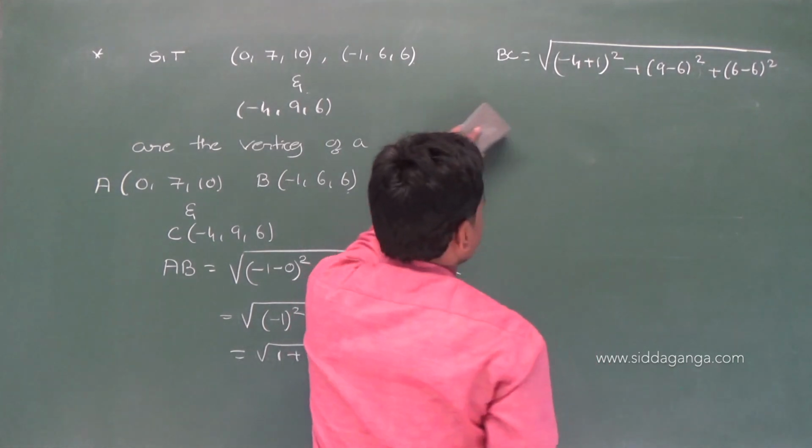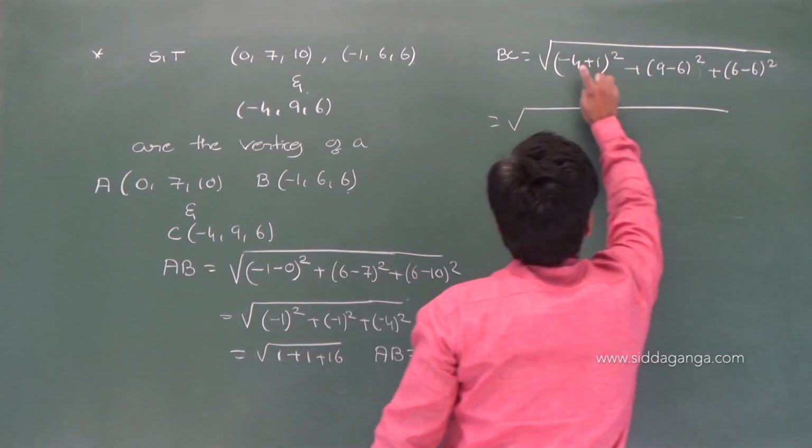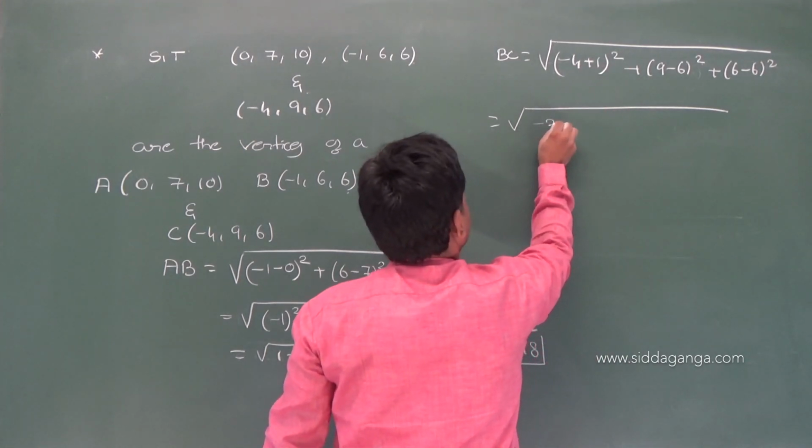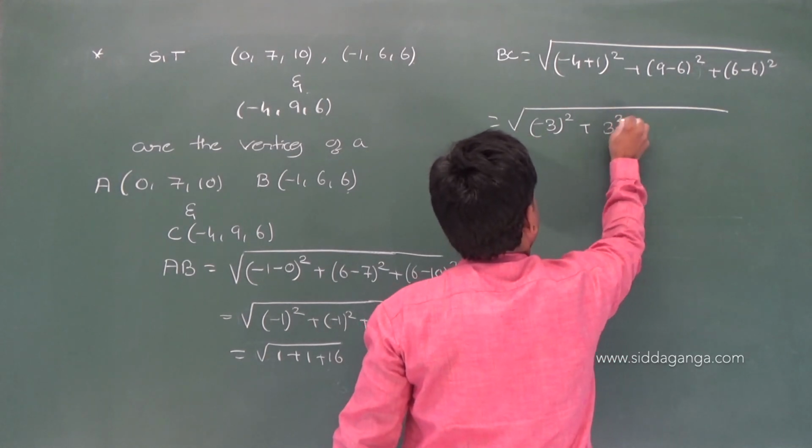So calculate: minus 4 plus 1 is minus 3 whole square, plus 9 minus 6, 3 square.